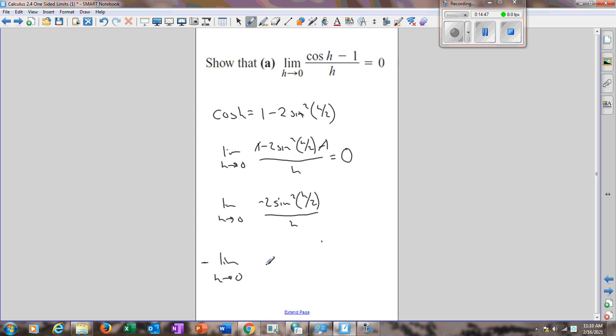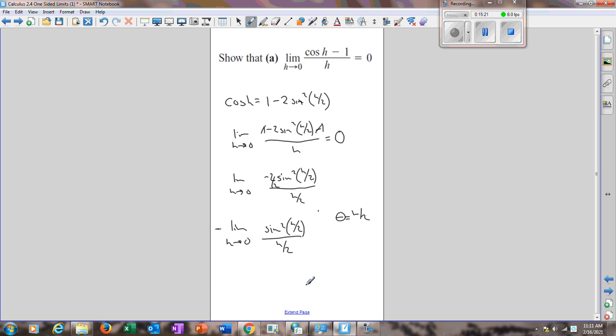And so that's going to give me sine squared of h over 2 over h over 2. Divided the top by 2, divided the bottom by 2. Now you'll see that I have h over 2 twice, right? So if this is my theta from our last theorem, theta equals h over 2, I now have that. But I have two sines in the top because it's sine squared. So I have sine times sine.